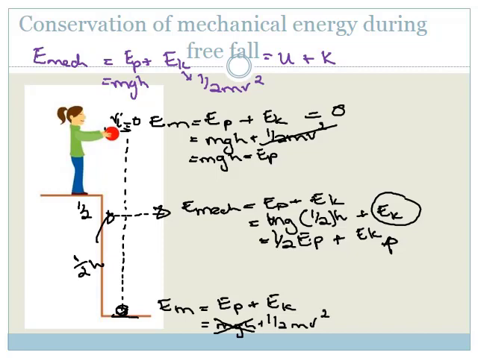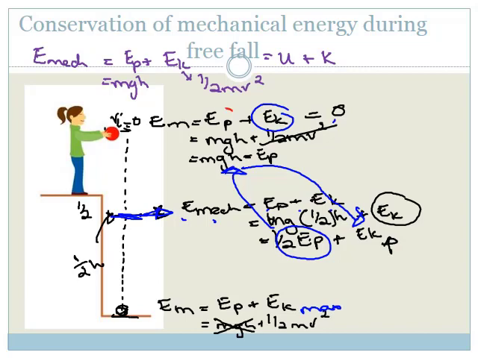So what am I trying to say with this? I'm trying to say that at the halfway point, the potential energy is going to be half the potential energy up there, and the rest of the energy has transferred to kinetic energy. So therefore, the mechanical energy is equal to, again, EP plus EK, where up there your kinetic energy was 0, and all the energy is potential energy, therefore this is a maximum.